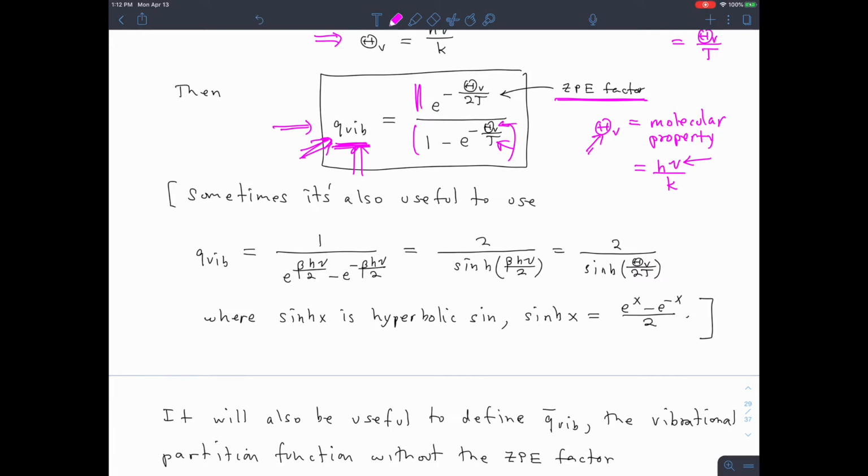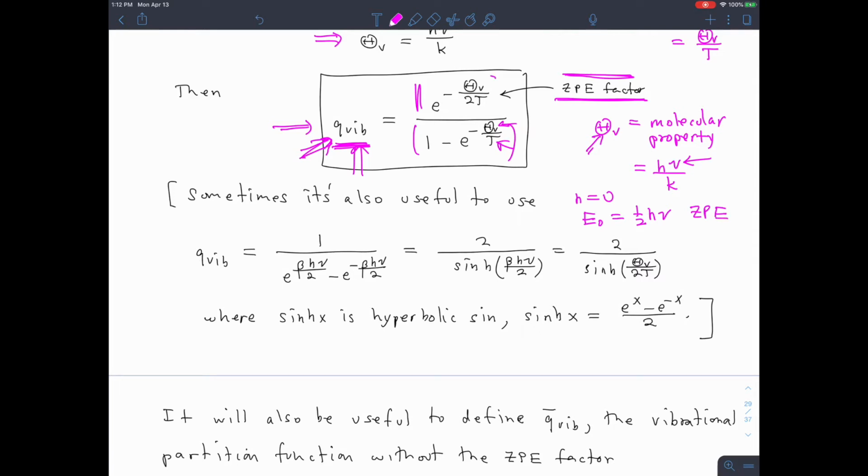But that's only true if the ground state energy for the system is assigned an energy value of 0. The zero-point energy is not 0 in this case. For n equals 0, the ground state energy is 1/2 h nu. That's the zero-point energy.